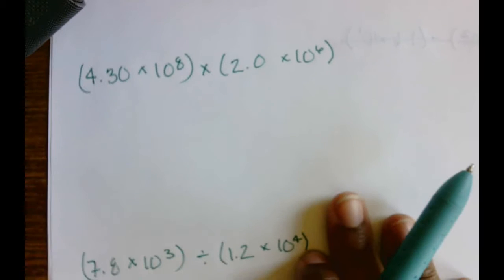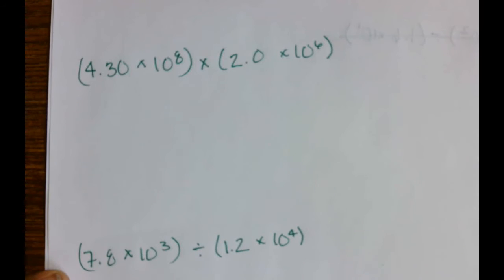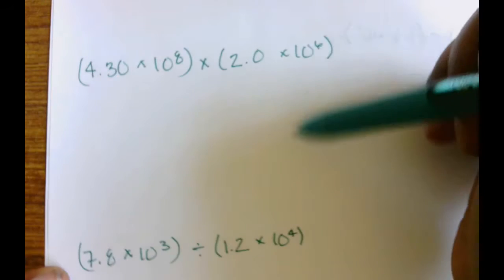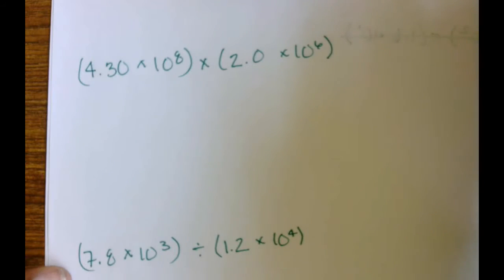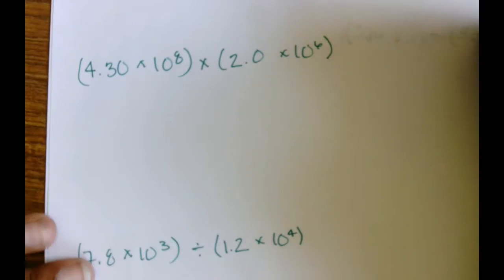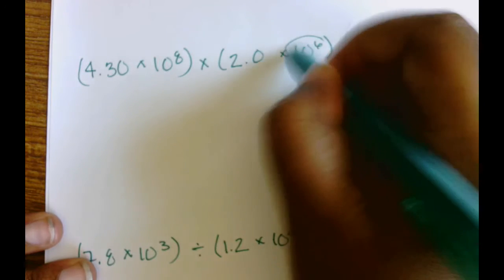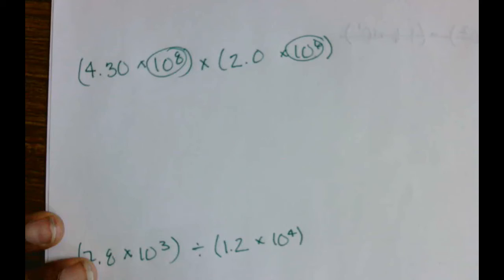Adding and subtracting are the more difficult things to do when you're working with scientific notation. Multiplying and dividing are the easier things to do. So first thing I want to do is go ahead and factor out my exponents, my powers of 10.